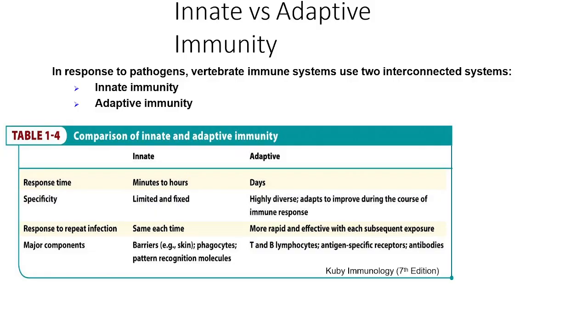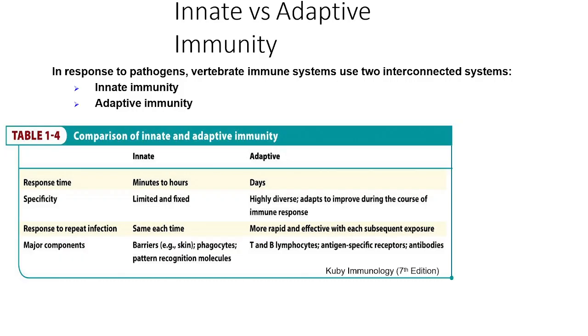So in response to the pathogens, vertebrate immune systems use two interconnected systems that we are talking about, the innate and the adaptive immunity. So the response time is hours to minutes for innate and days for adaptive. Specificity-wise, it's limited and fixed for innate, whereas for adaptive, it's highly diverse and adapts to improve during the course of the immune response.